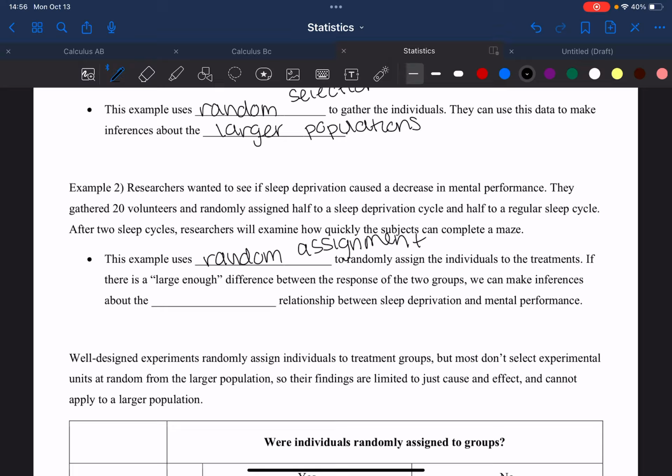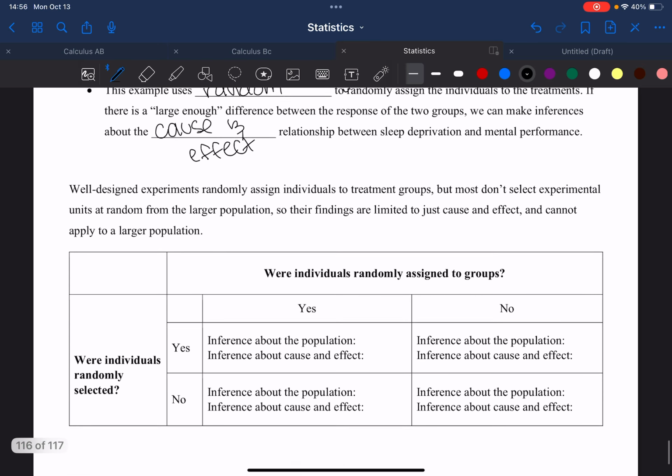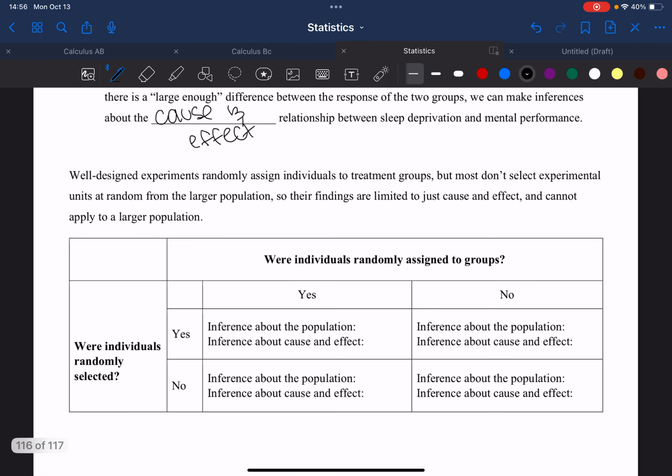If there is a large enough difference between the response of the 2 groups, we can make inferences about the cause and effect relationship between sleep deprivation and mental performance. Okay. Well-designed experiments randomly assign individuals to treatment groups, but most don't select experimental units at random from the larger population. So their findings are limited to just cause and effect and cannot apply to a larger population.